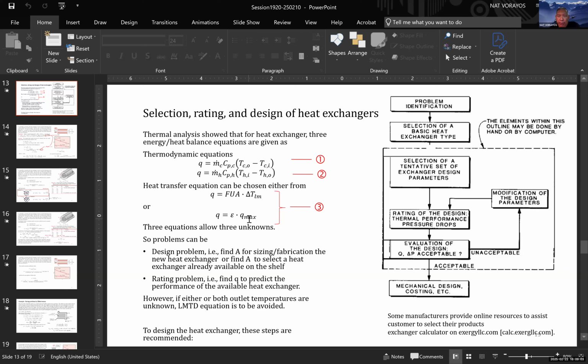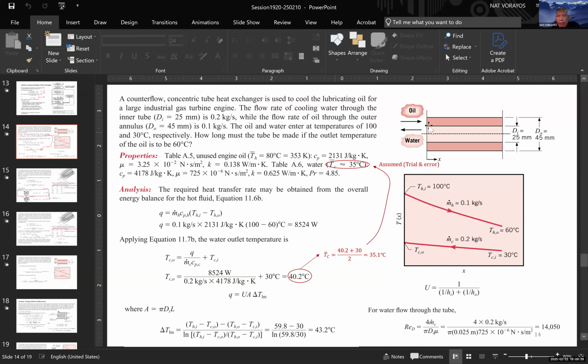That's fine, but for the sake of simplicity, we're going to have three equations, two of them from thermodynamics and another one from the heat transfer class. So if you set yourself up with the understanding that I just talked about, we can go ahead and try to see if we can make use of what we learned.